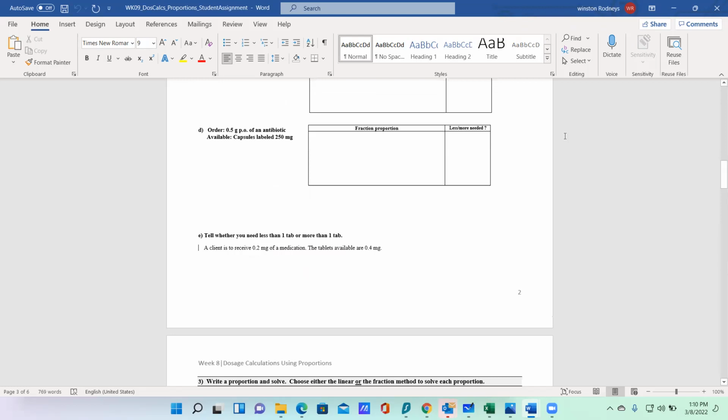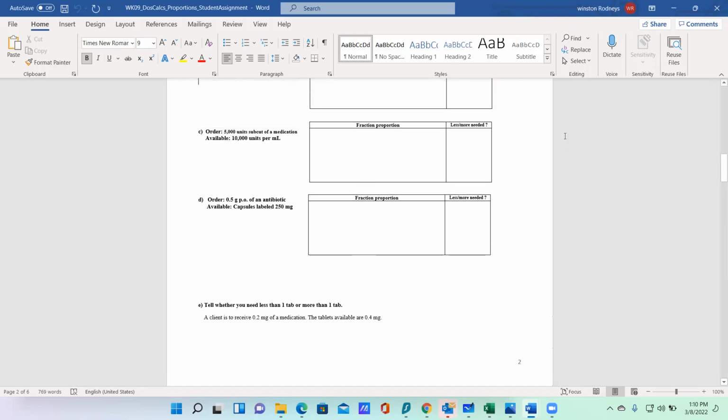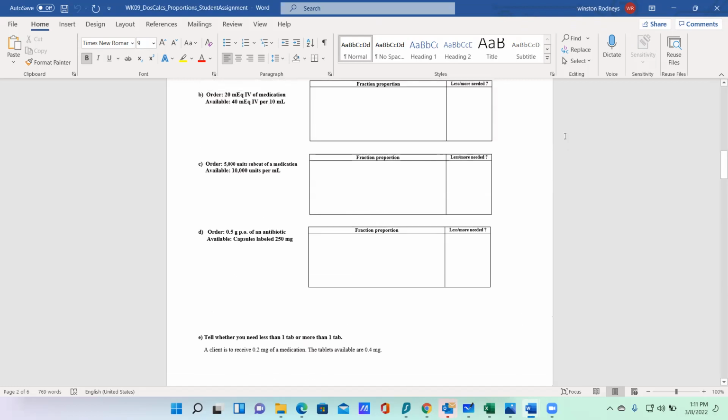Oh, by the way, part D says you have 0.5 grams of an antibiotic, that's what you've been asked to take.